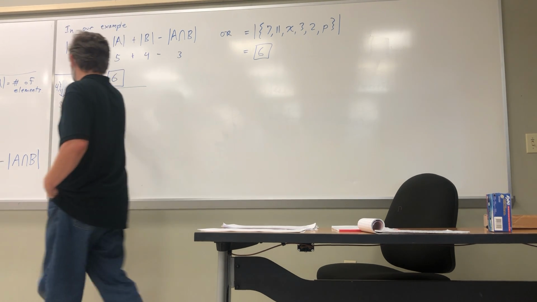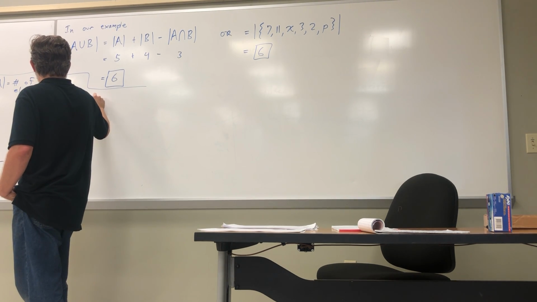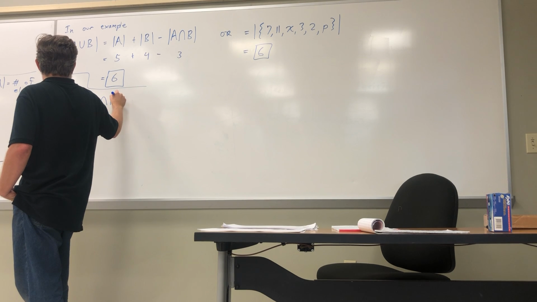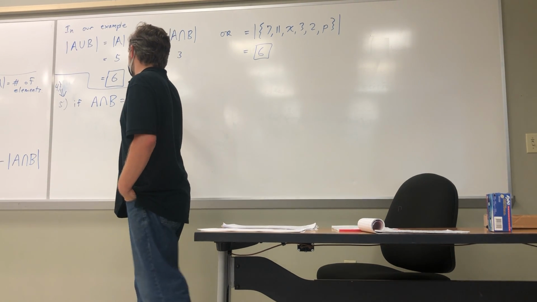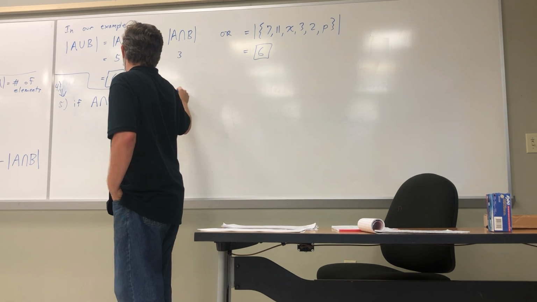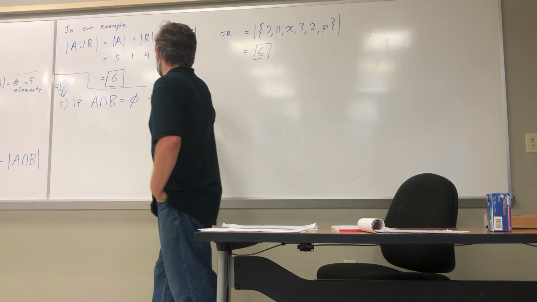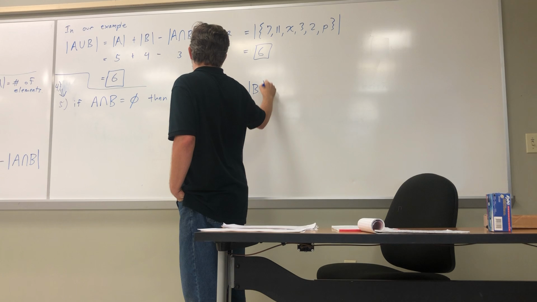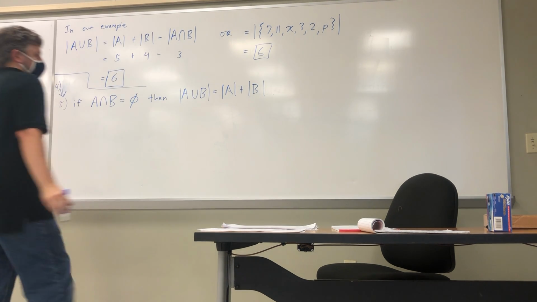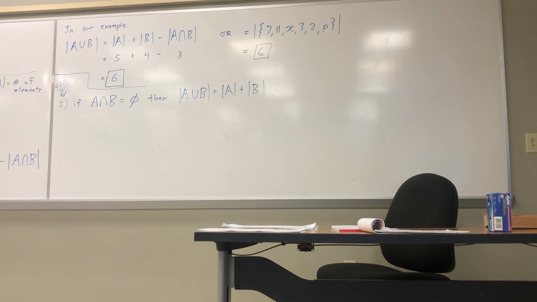And 5 says if the intersection is empty, like there's no overlap at all, that's the empty set, then the count of the union is just addition straight up, which is pretty clear using number 4 and number 1, because number 4 works no matter what.